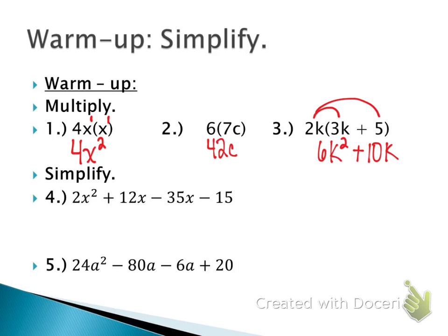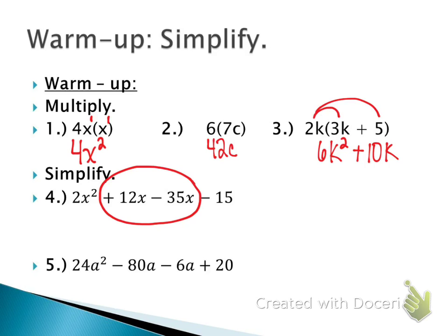All right, moving on to 4 and 5. This is a little bit more like that worksheet that you did after your quiz yesterday. In order to simplify these, what do we have to do? Combine like terms. So which terms can be combined? Good. Those x's in the middle. Remember to keep or use the sign of the number in front of that variable.